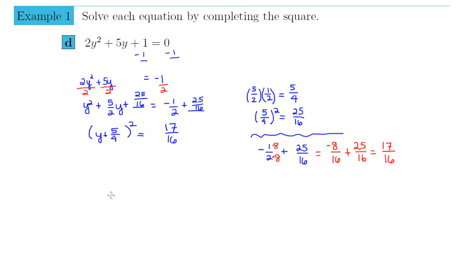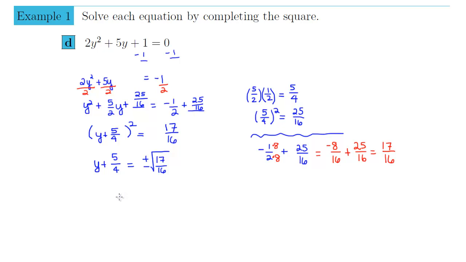Perfect. Now, we're set up to apply the square root property. We have a quantity squared equals a positive number. How do we apply the square root property? Well, the object inside is equal to plus or minus the square root of the other side. In other words, we have that y plus 5/4 equals plus or minus the square root of 17/16.